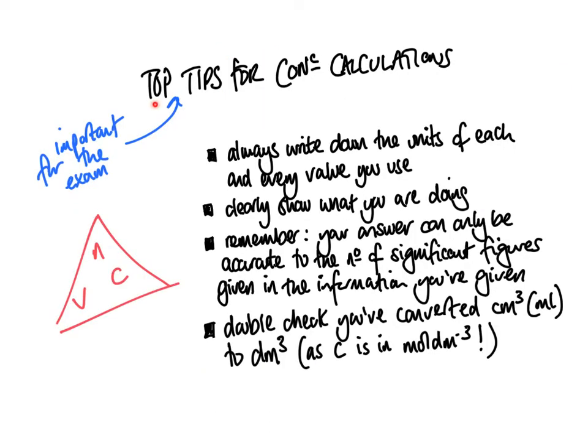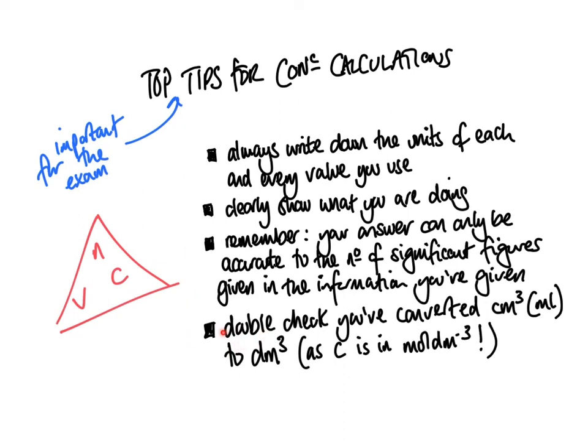So all this leaves me to talk through some top tips when doing concentration calculations, which are particularly important in the exam. So you always want to be writing down the units of each and every value you use. This is important, so if it's moles, put moles, if it's concentration, put moles per decimeter cubed.